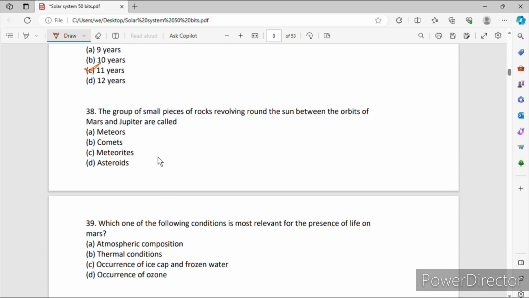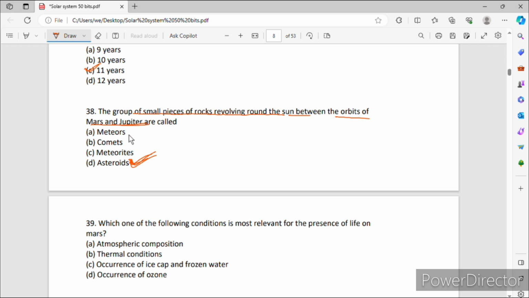And next question, if you see, the group of small pieces of rocks revolving around the sun between orbits of Mars and Jupiter is called asteroids. We already discussed about this. When these asteroids are broken, there will be some meteorites, and the meteorites will fall from the space and enter into the atmosphere.